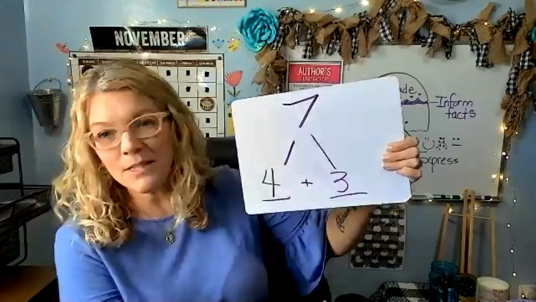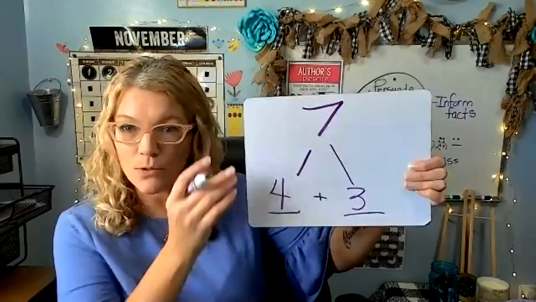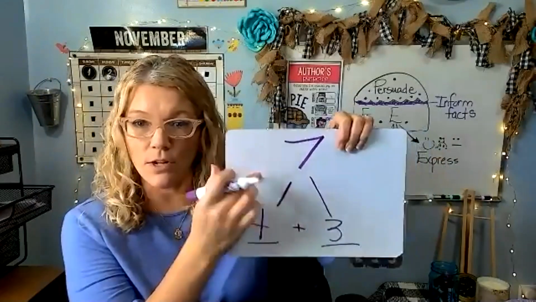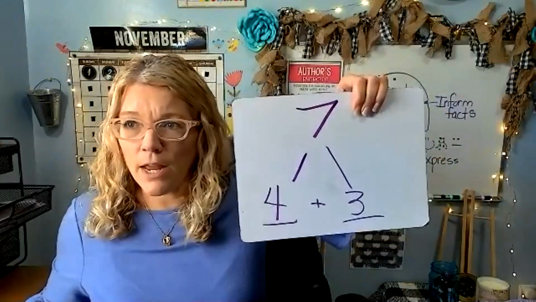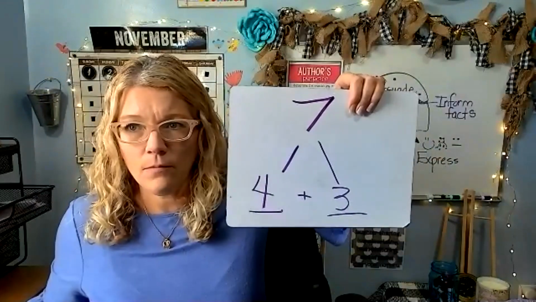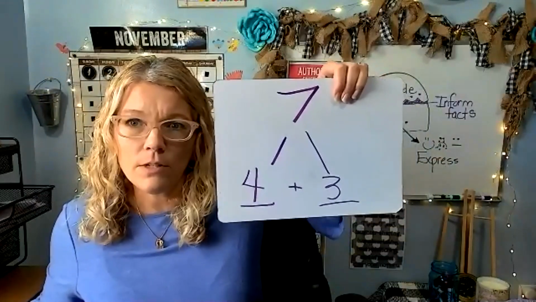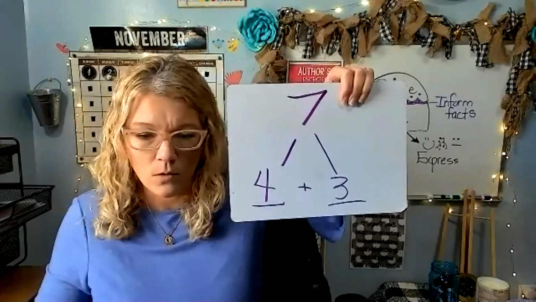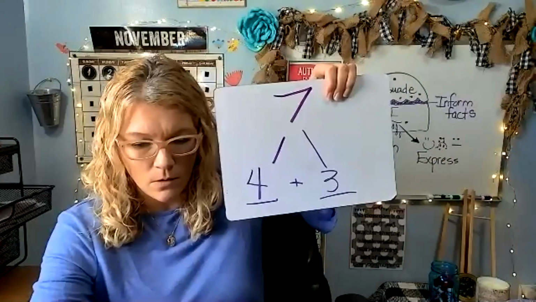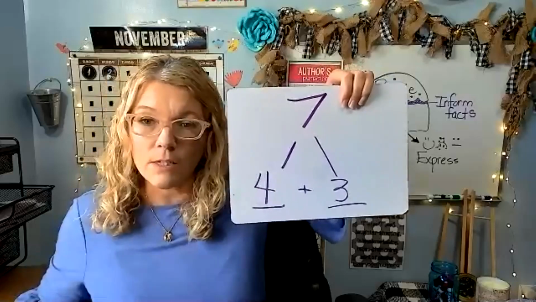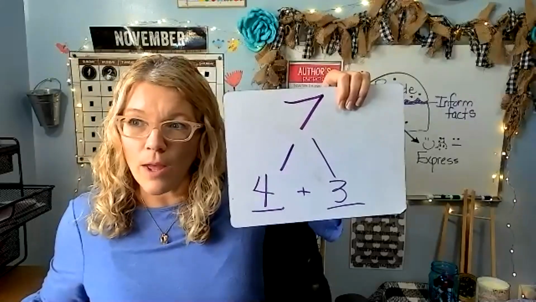Those are two numbers that when added together can equal 7. Is there any other way? 6 plus 1, that's another way.